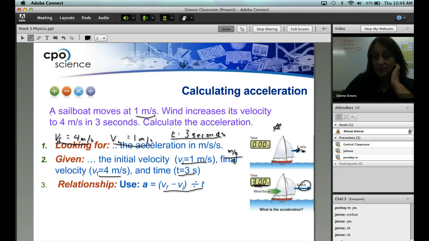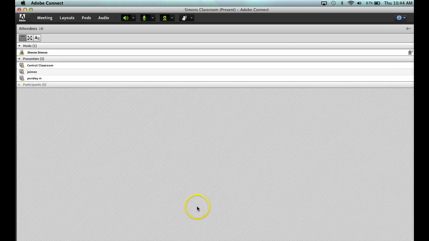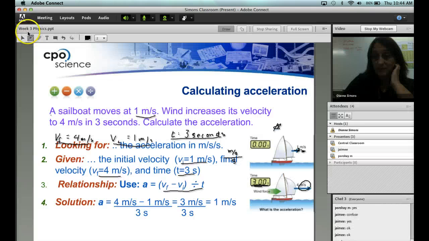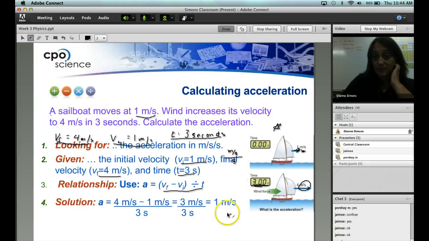We saw that on the last slide. And so all we have to do is some calculations. So meters per second divided by 3 seconds, right? There we go. Okay, does that make sense? Smiley face, yay, thumbs up, something.